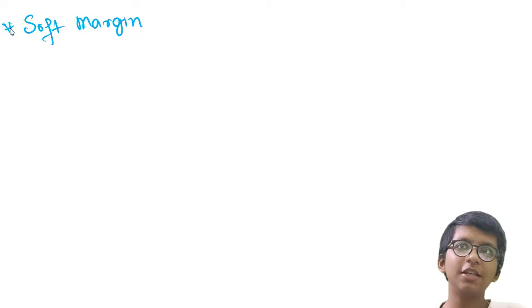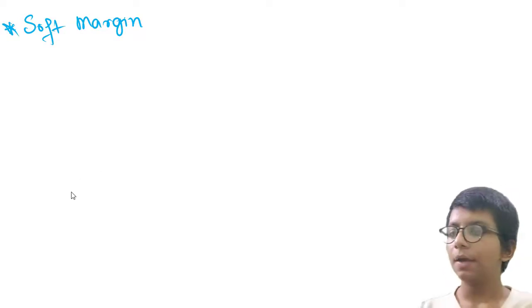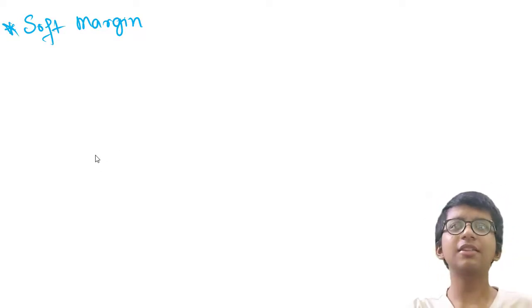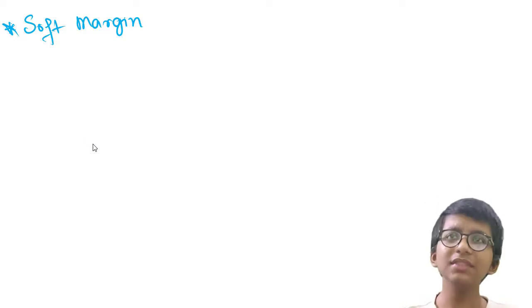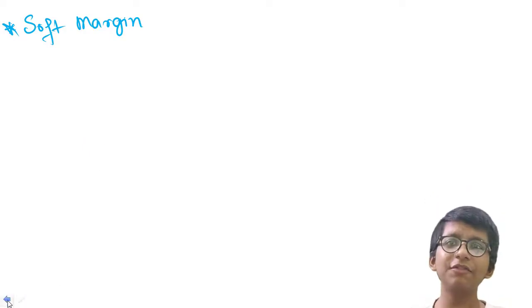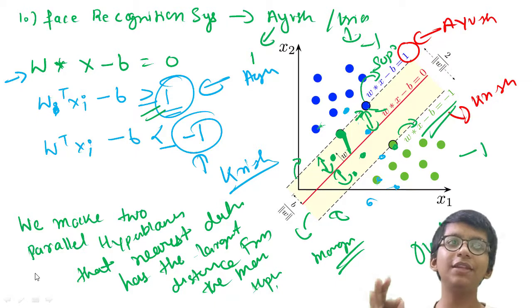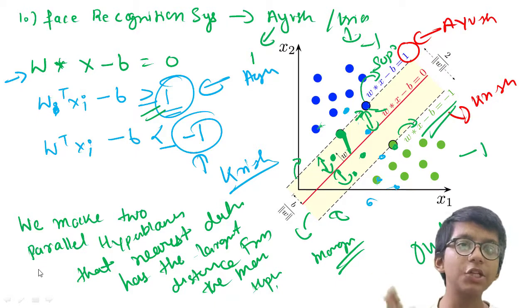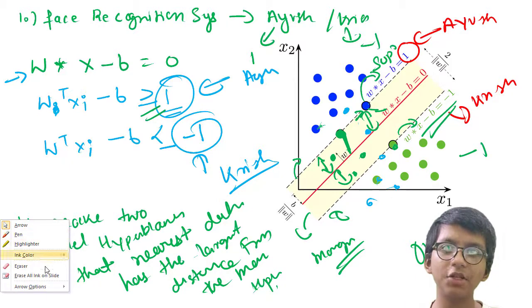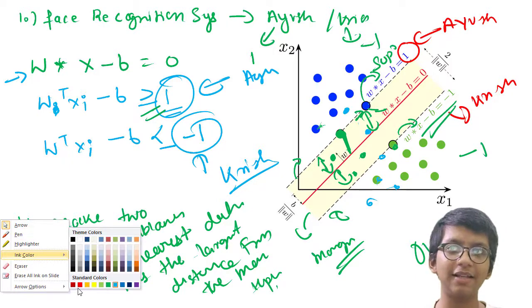Till now we are dealing with classification. Before explaining soft margin, I left one thing: we can write our optimization objective like this.